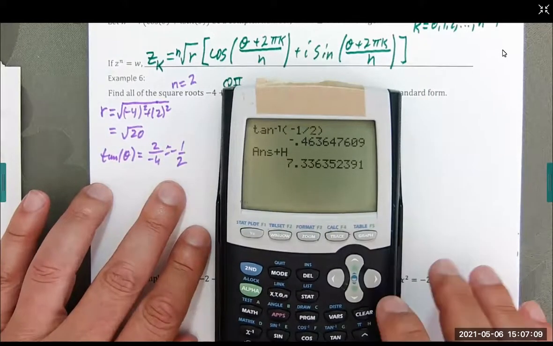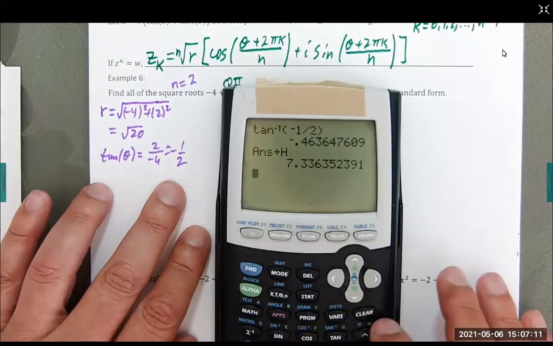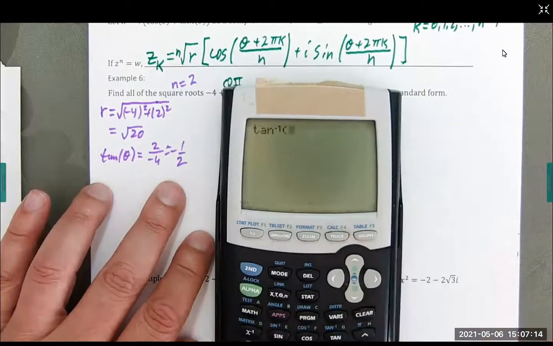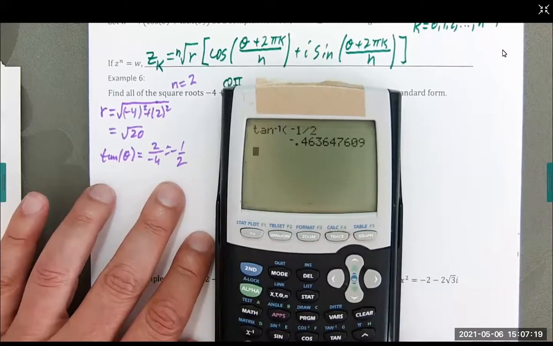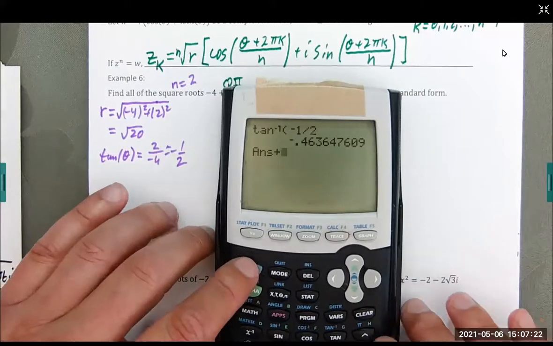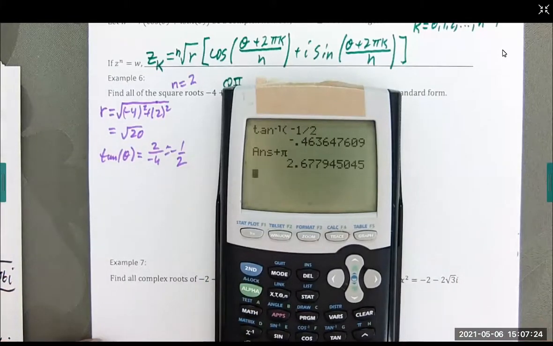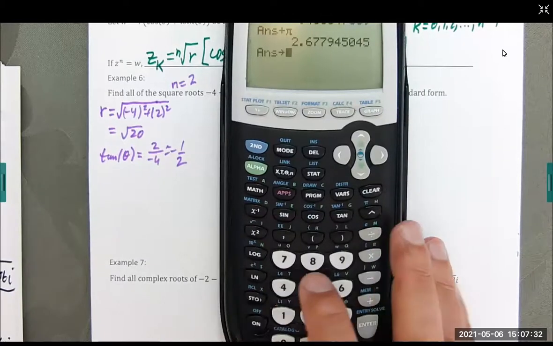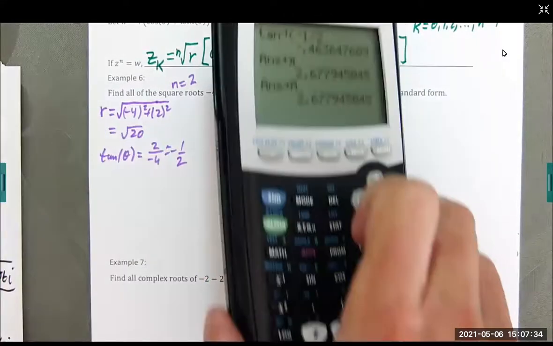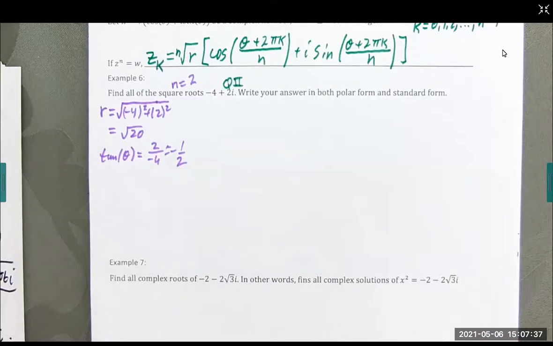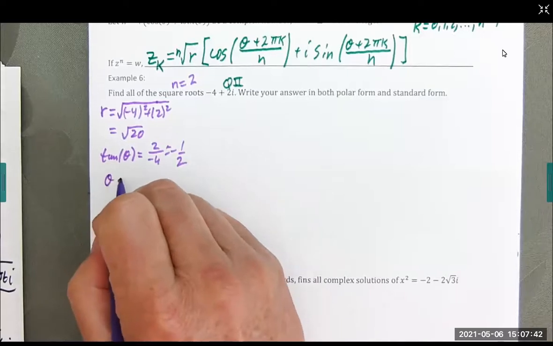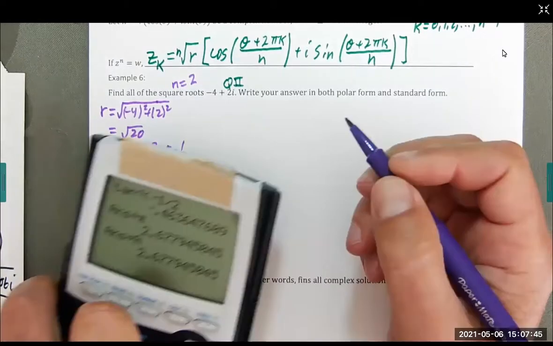Oops, I had the wrong value. Let's do that again. Inverse tangent of -1/2, plus, I hit alpha instead of, there we go, plus pi. There we go. So I'm going to take this number and store it into A. So I have that theta is now about 2.68.